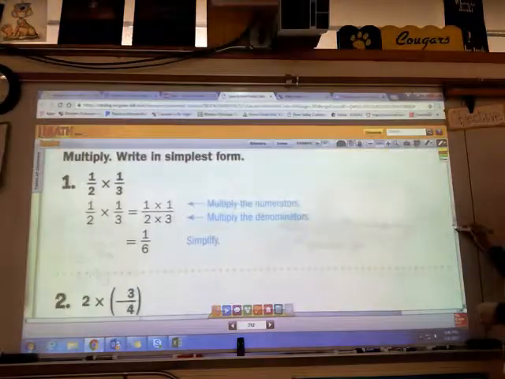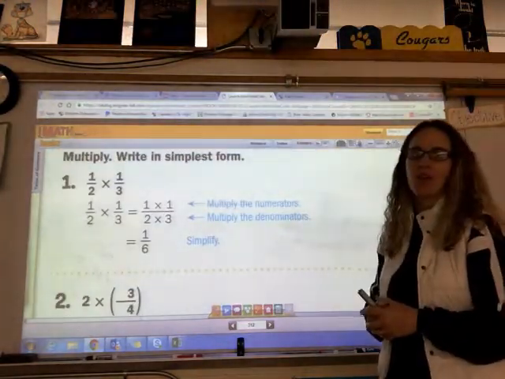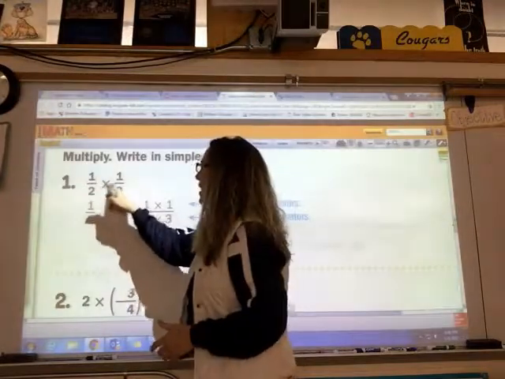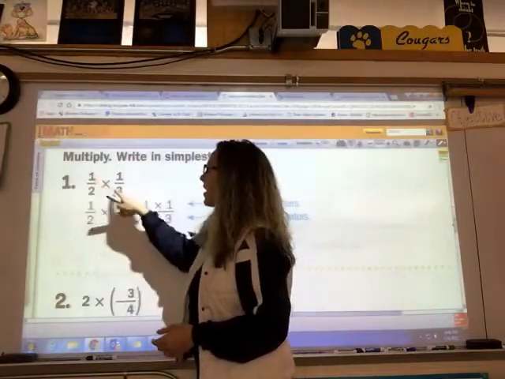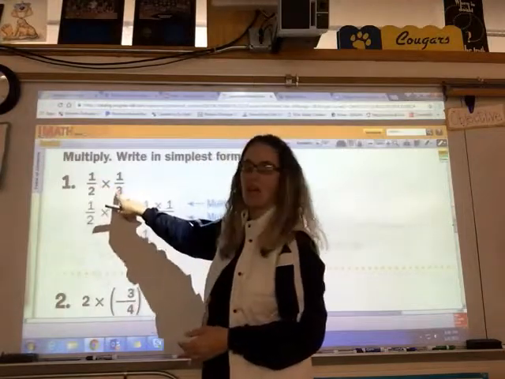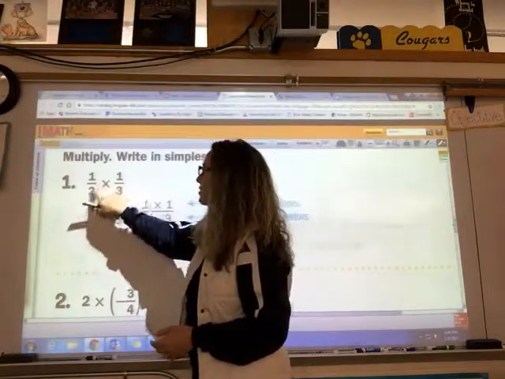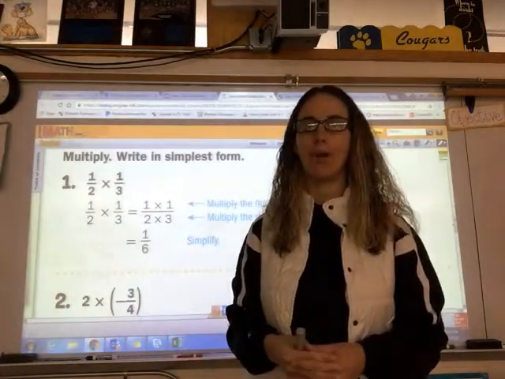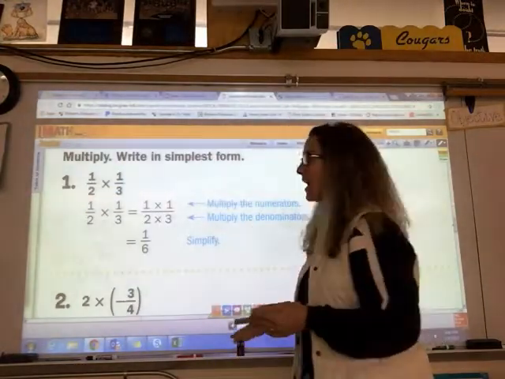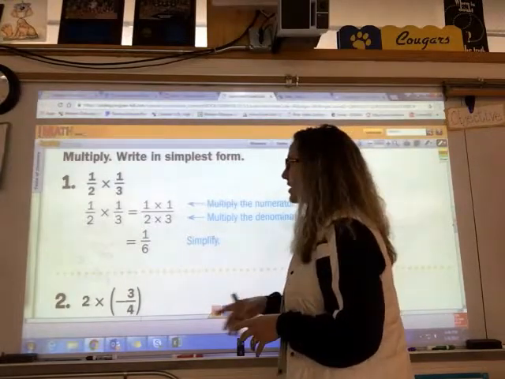Okay, taking a look at the first example that they have given you here, I have 1/2 times 1/3. When I take a look at these, I'm going to look at my numerator here with my denominator over here, and vice versa. I want to look at those two sets to see if there's a compatible number, or a number that both of those numbers can be divided by.